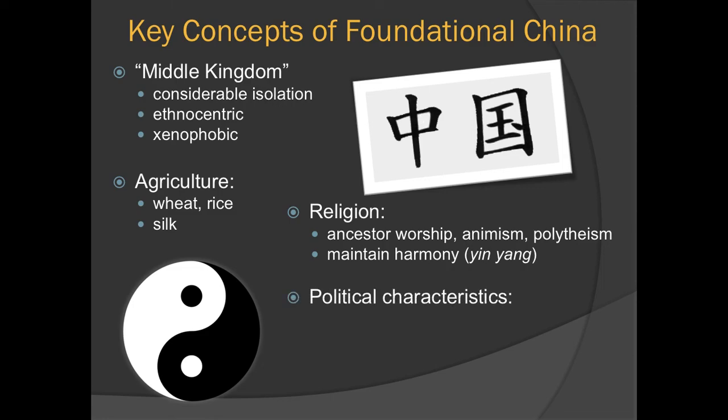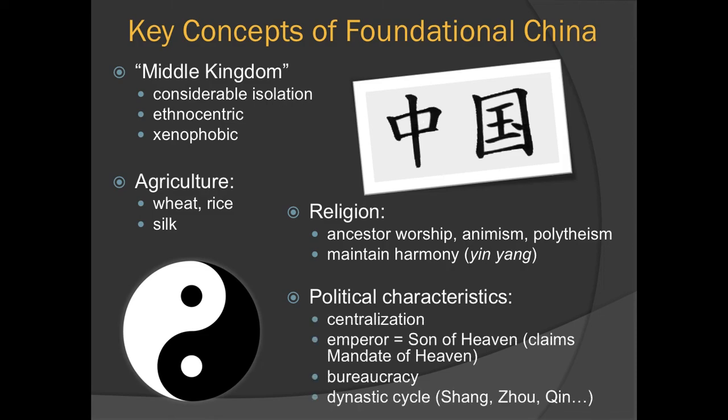There are several also political characteristics that we need to associate with China, starting here with the classical foundational period. For one, starting with the Qin dynasty, it's spelled Qin but pronounced Qin, we see strong political centralization.